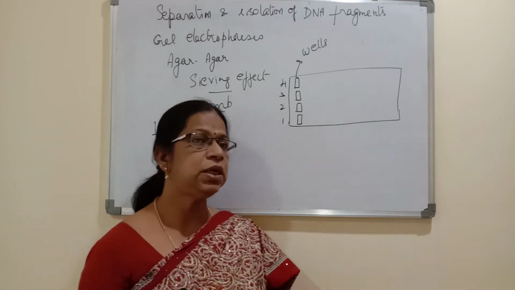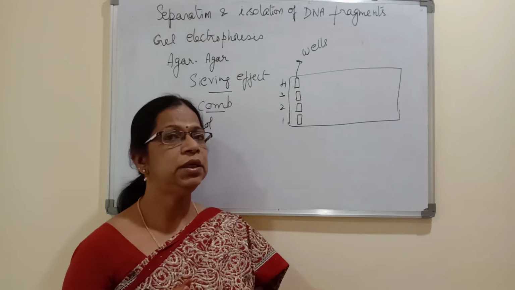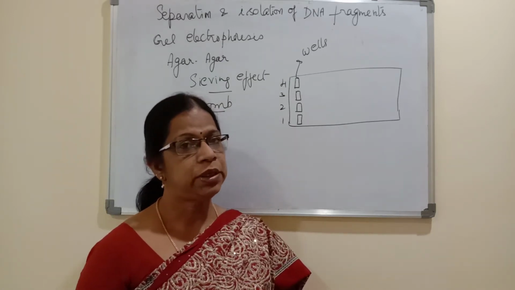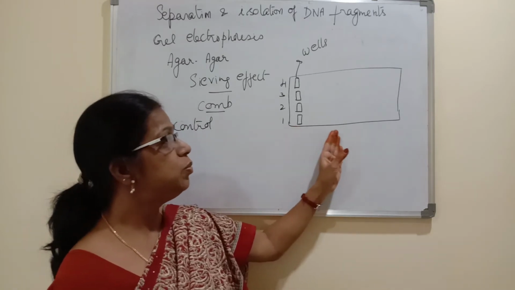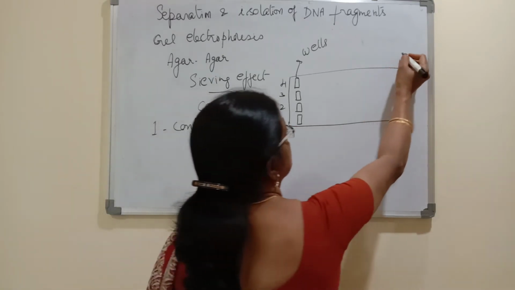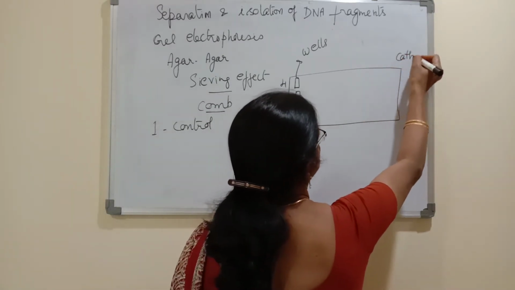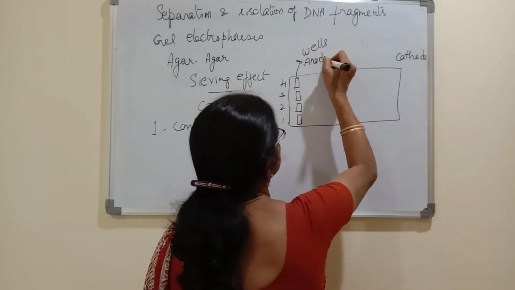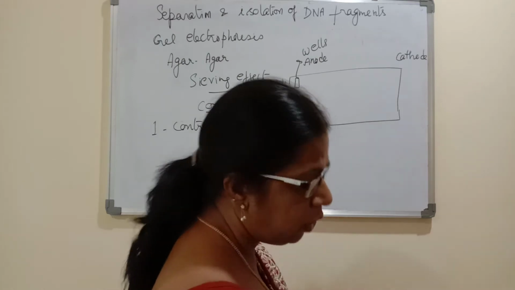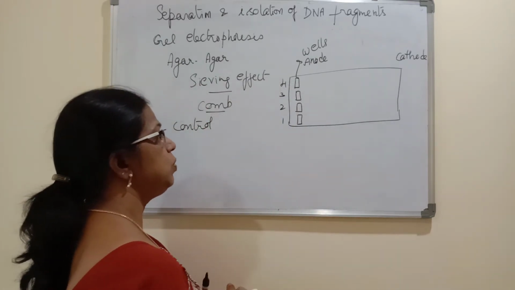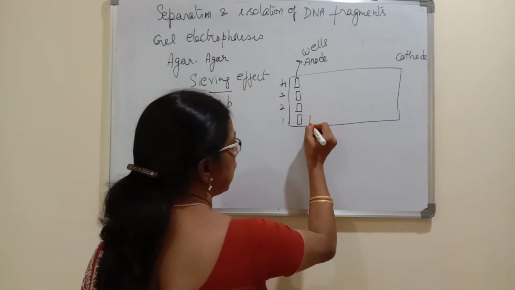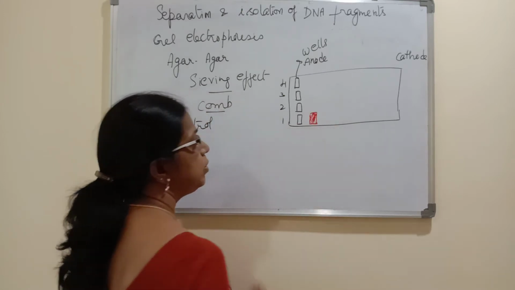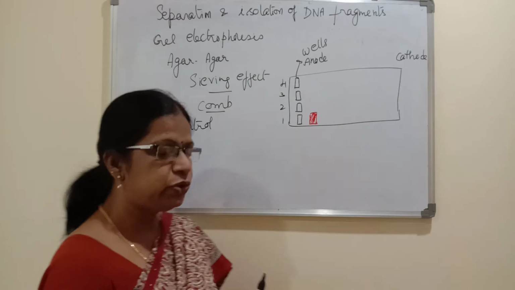Each restriction enzyme can cut the DNA into different sizes of fragments, and according to their sizes they move towards the cathode. This side will be the cathode, and the starting side will be the anode. In the control, only one DNA fragment will be present and it remains in one position.